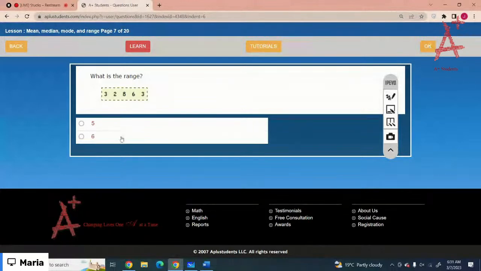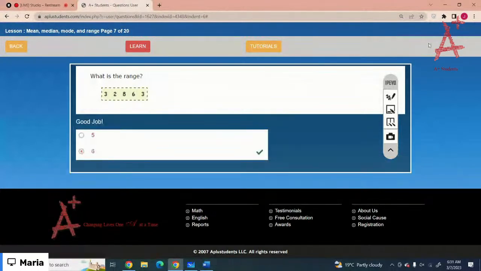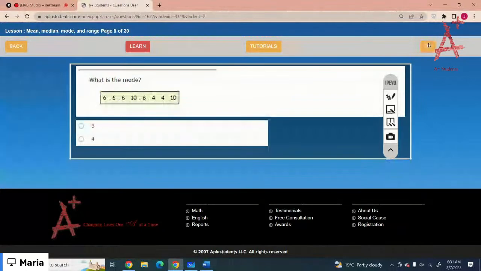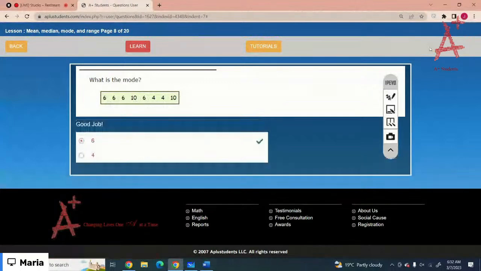Got it? The range of the data is 6. Okay, what is the mode value? Which number appears the most in the data? The mode value is 6, because here 6 appears 4 times in the data, so 6 is the mode of the data. Got it?